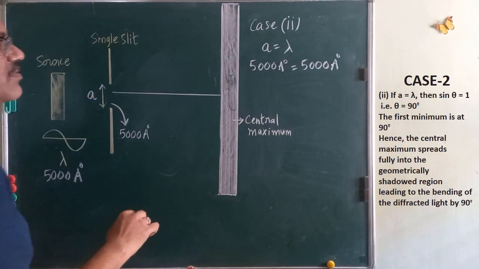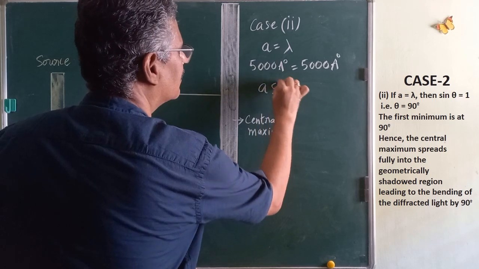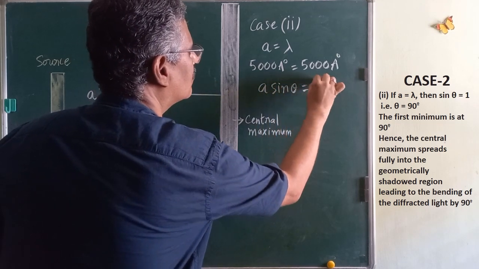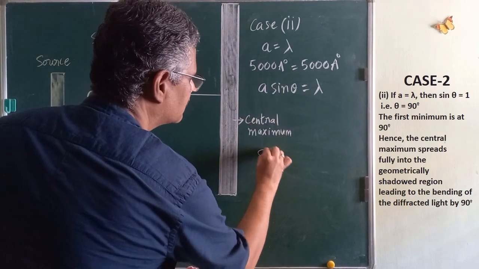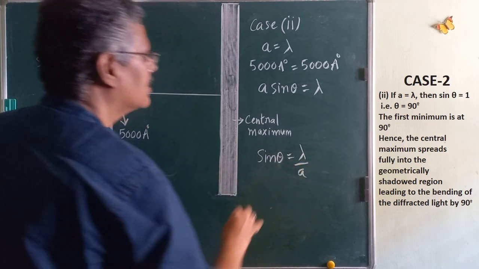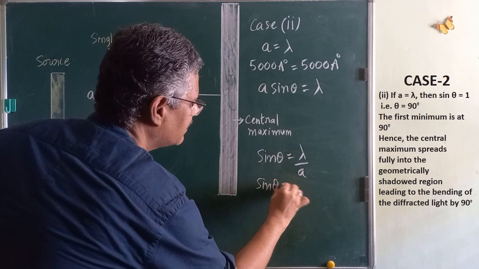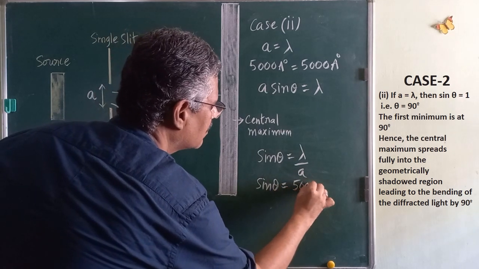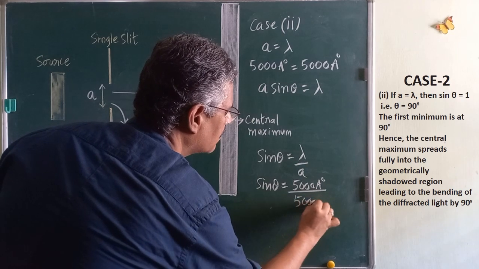So what is the condition for observing the first minimum? We know very well that a sin theta is equal to lambda. Write this here. Sin theta is equal to lambda by a. Substitute both values. Sin theta is equal to 5000 Armstrong divided by 5000 Armstrong.